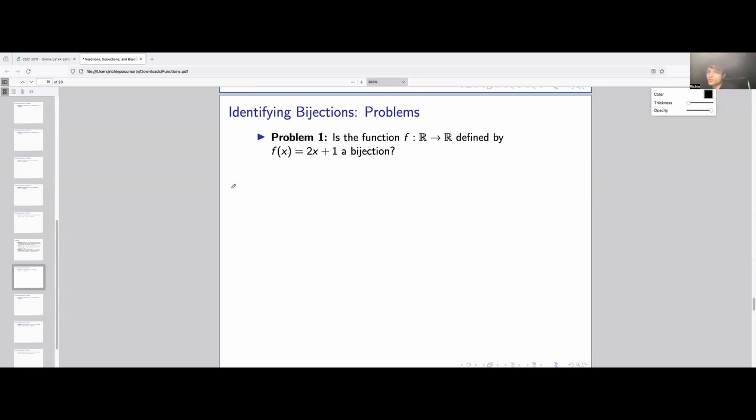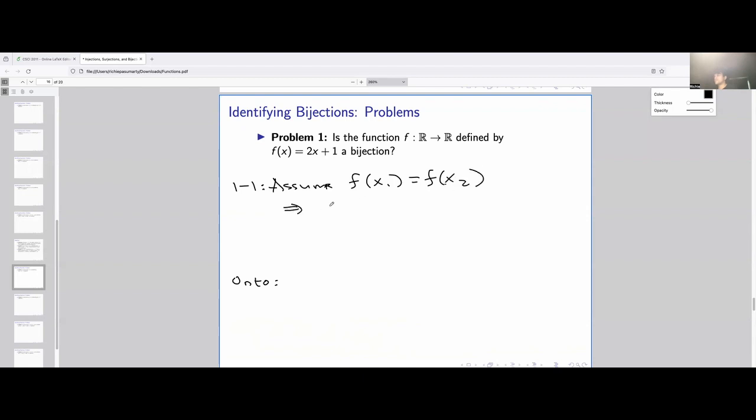There's two parts, right? We have to show, first of all, is it 1-to-1, is it an injection? And is it onto? So let's first start with the 1-to-1. Assume f of x1 is equal to f of x2.